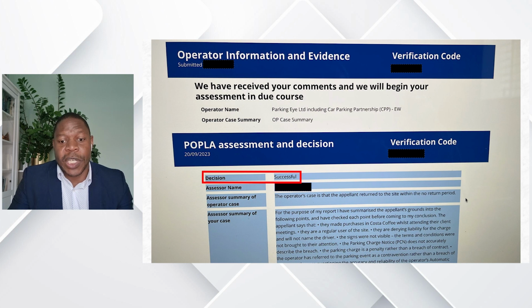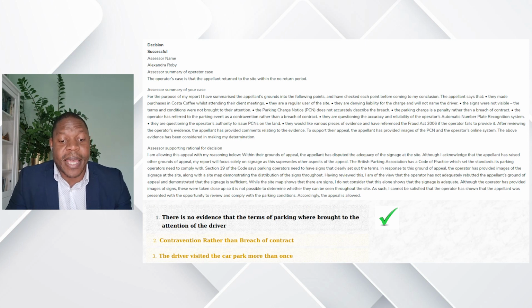So let's look at the decision. In this case, the parking adjudicator agreed with the appeal put forward by the motorist, and the appeal was successful. But I'll just summarize why the appeal was successful. Essentially, the adjudicator agreed that there was no evidence that the terms of parking were brought to the attention of the driver.